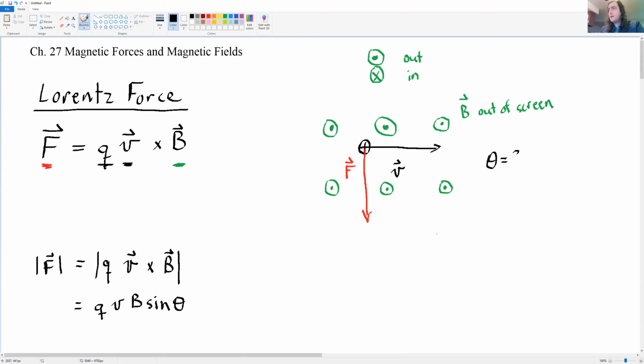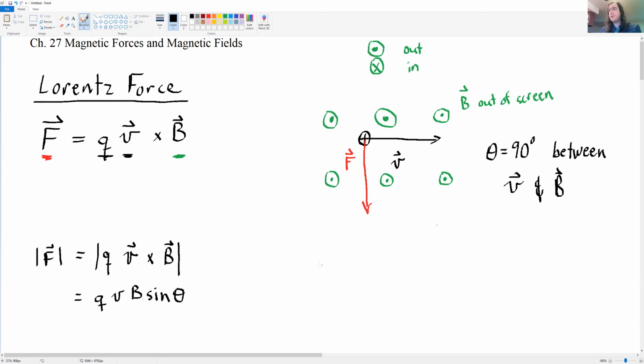So theta is 90 degrees between V and B. And so this is a case where the sine of theta is 1. And so the magnitude of the force here in this picture would just be Q times V magnitude times B magnitude. But maybe we can draw another picture here.